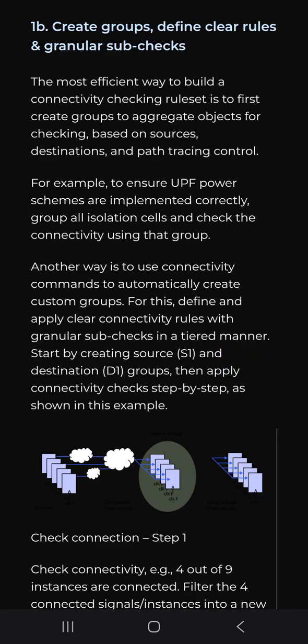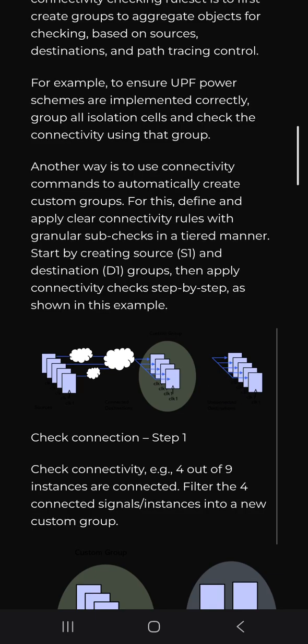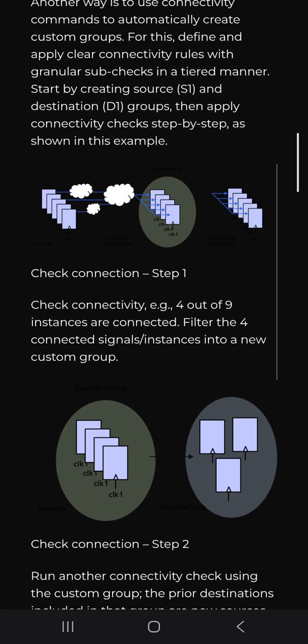For this, define and apply clear connectivity rules with granular subchecks in a tiered manner. Start by creating source S1 and destination D1 groups. Then apply connectivity checks step by step as shown in this example. Check connection, step 1.